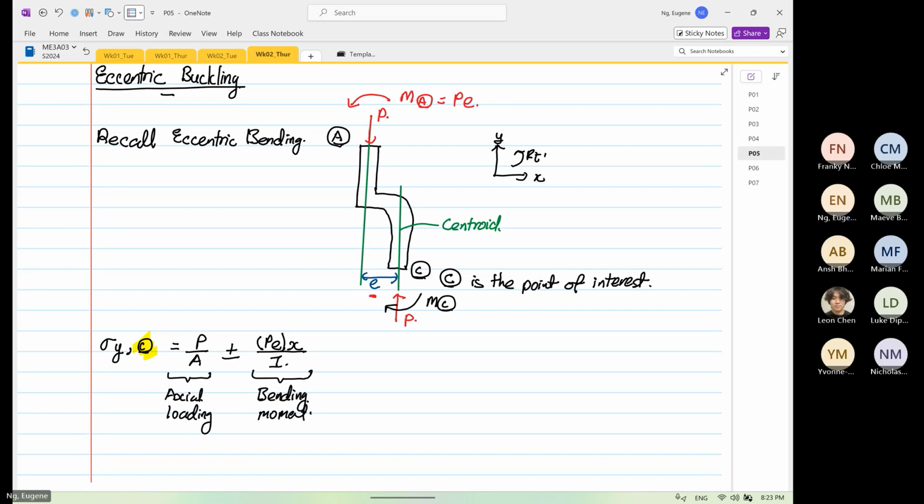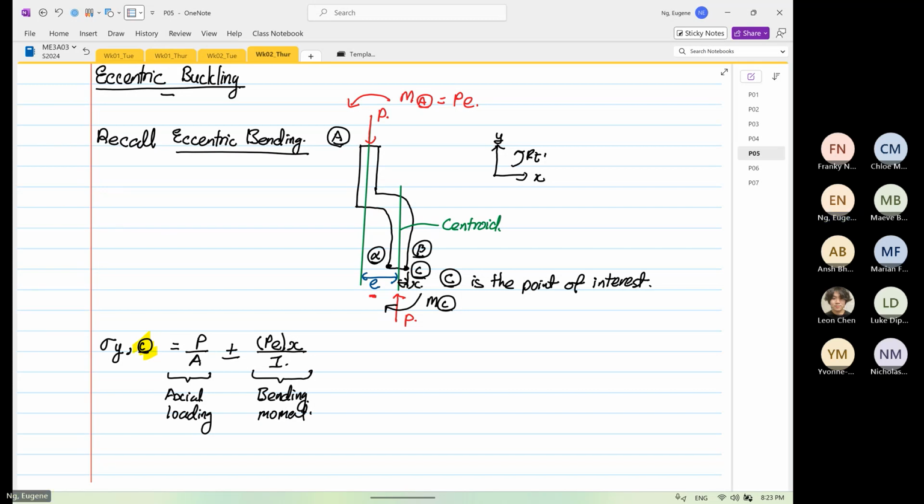And the X depends on whether you want to find point alpha or point beta. If you want to find point beta, this is your distance X. So now this is for bending.